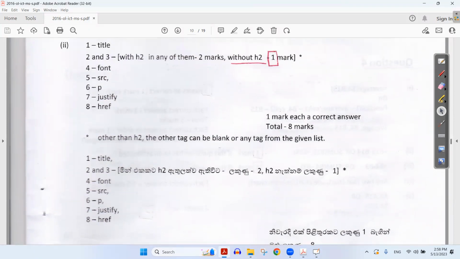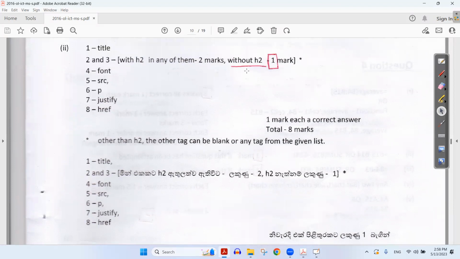Let me check for it later. So here they have gone with either the second or the third needs to be H2. So if you got it in any of those, the full marks is given. Right, Shanuri, that's great. Okay, Sasrita, very well done.